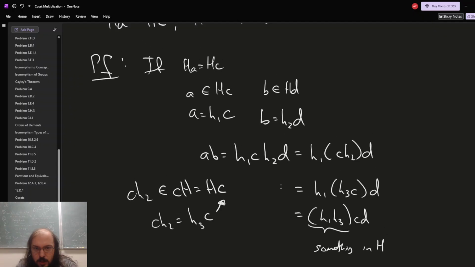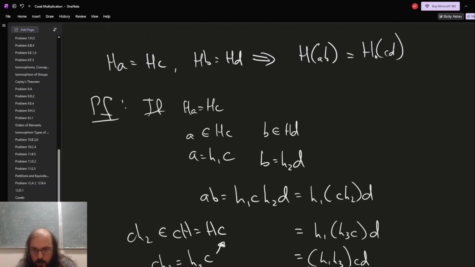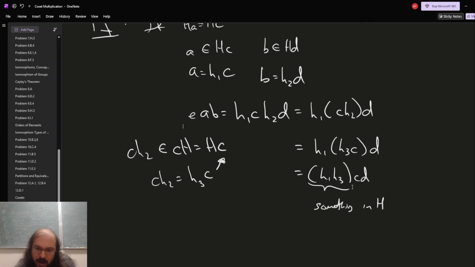And that's what I wanted to show, right? HAB, in this case, I could put the identity element over here if you like, E is surely in H, is equal to CD times something in H, something different in H in all probability, but that's fine because these are not group elements of H, they are cosets of H.